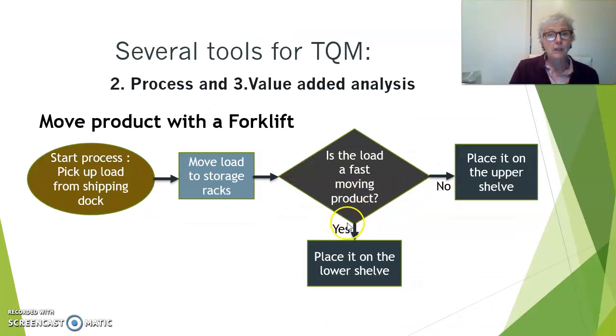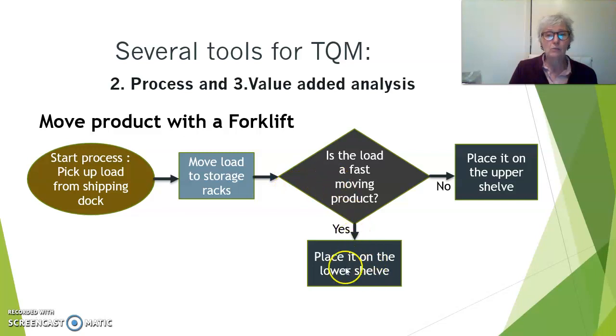Next to the product analysis, the company can analyze the process. Let's have a look at the forklift and the move of products with a forklift. It starts the process with picking up a load from a shipping dock. Then the forklift moves these products to storage racks, and the decision that has to be made is: is the load a fast moving product?